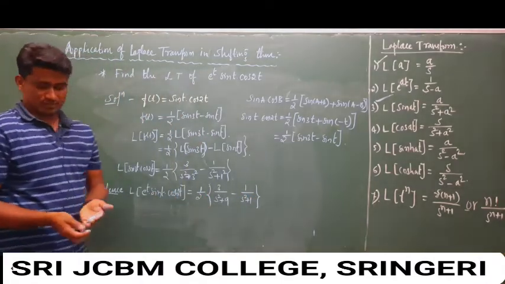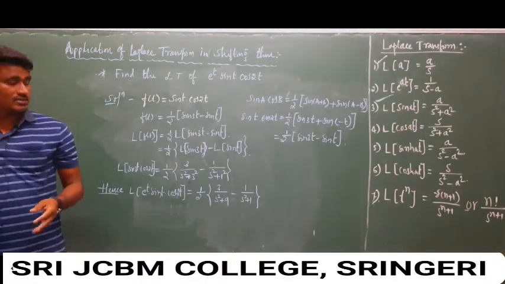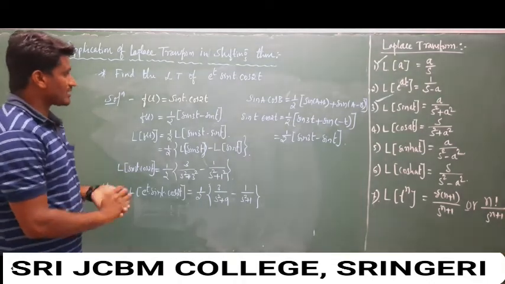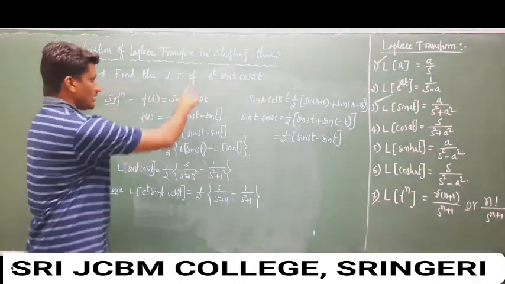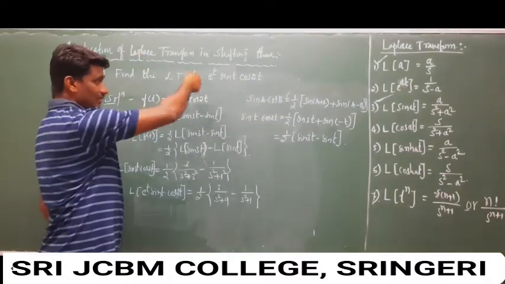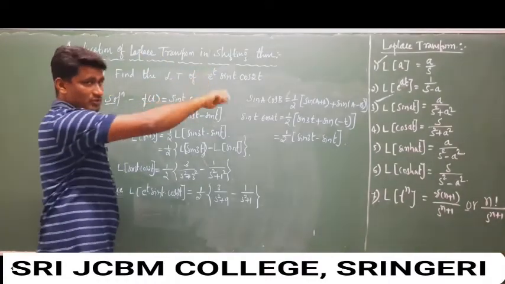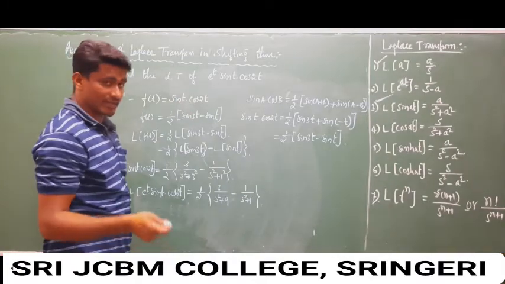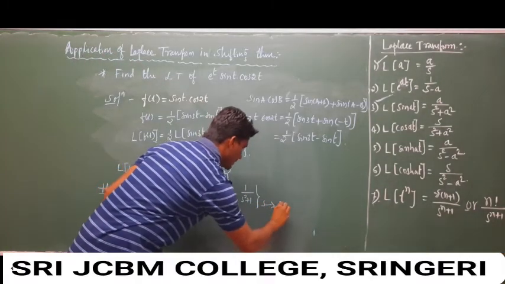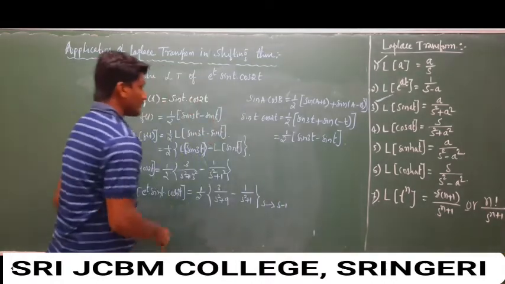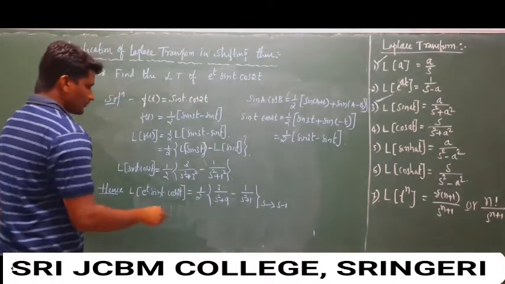And now we have to change s to s minus 1, because the first shifting theorem says that if e to the power at is there, which is positive, then in the frequency domain we get minus. So here s changes to s minus 1, the value of a is 1.